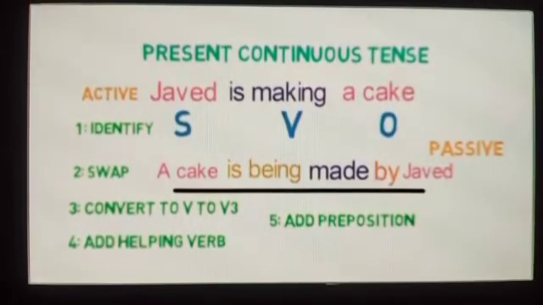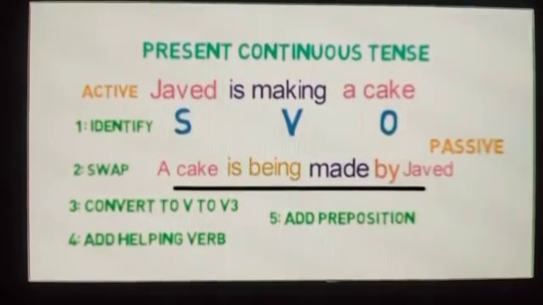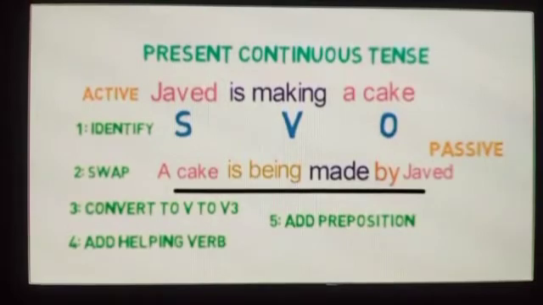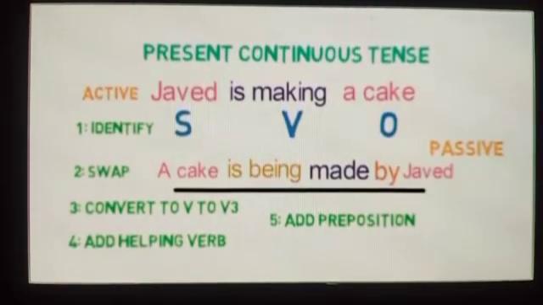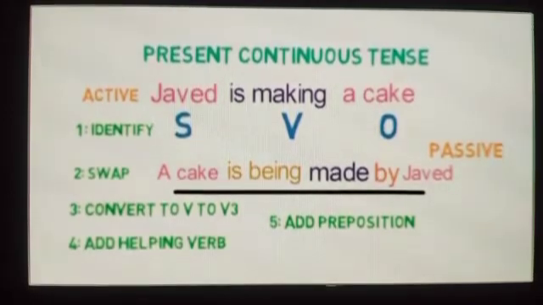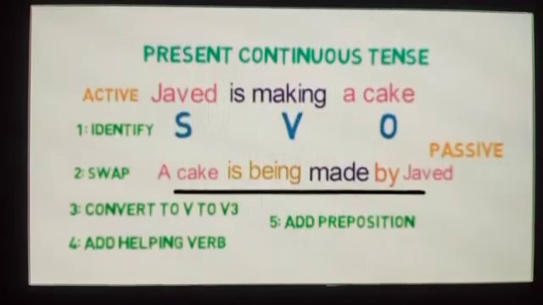Fine. And before that, as per the rule, I have used is being, as a cake is singular, so I have used is, and being I have used because we are talking about continuous tense. And if I leave the sentence like this only, before using by, the sentence is not going to give the correct sense. Like, a cake is being made Javed.